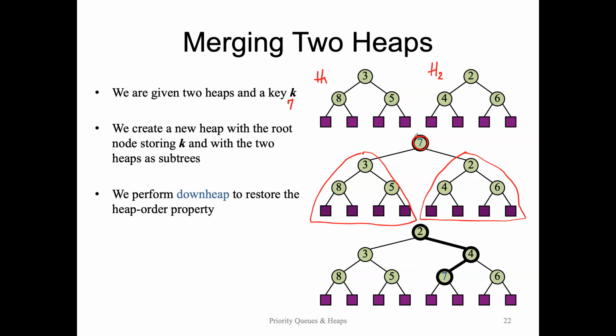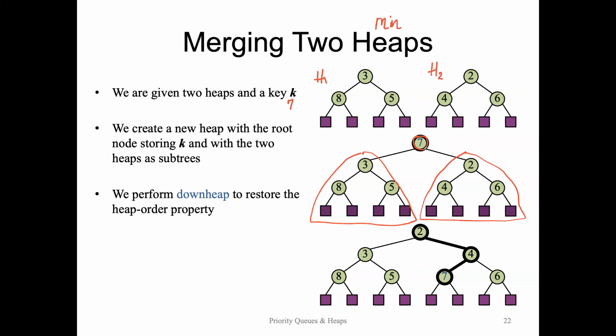We know we still have a complete binary tree, so we just need to check now that we didn't violate the heap order property. So we're going to compare the value of this node to the keys at its children. With our heap, again, we're always talking about a min heap here. We want any given node to have a smaller value than its children.